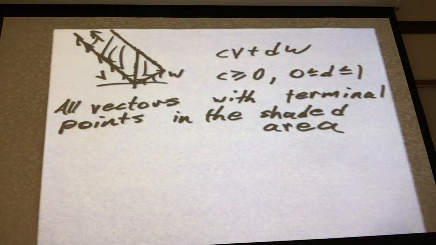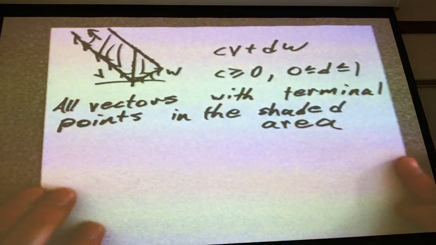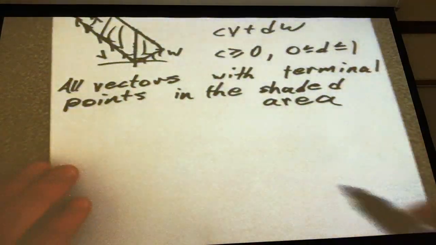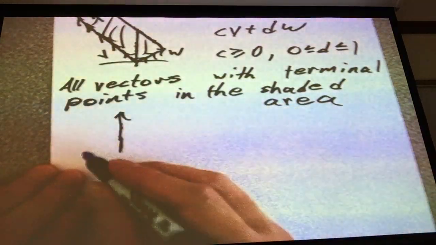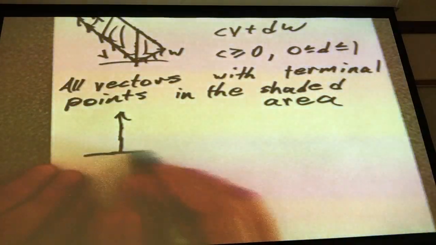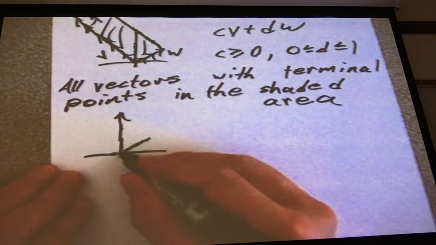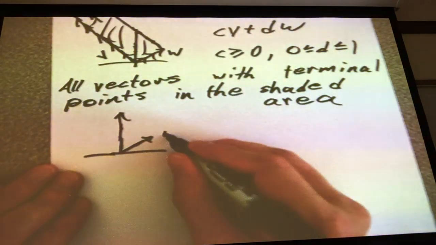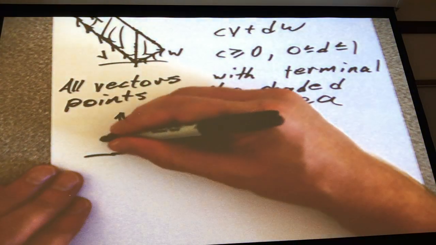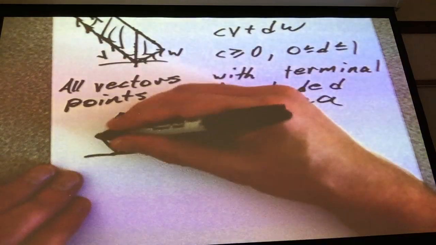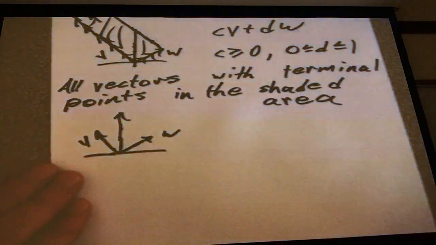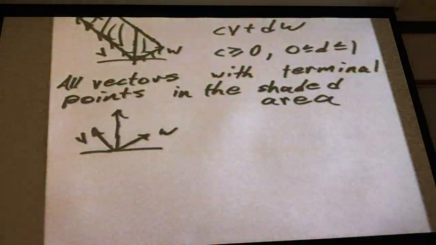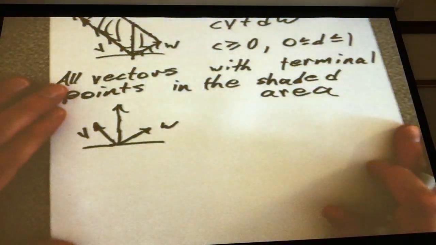Okay. So let's say we did these two same vectors. W and this is V. All right.